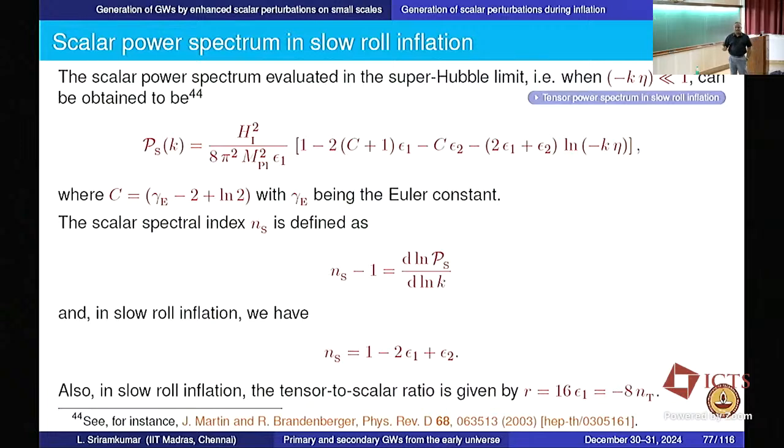It is defined slightly differently from the case of tensors. And what you can read off this, n_s happens to be this. And what you find is that n_s, as we had seen, is of the order of 0.96 or so. That is what the CMB observations suggest, okay?